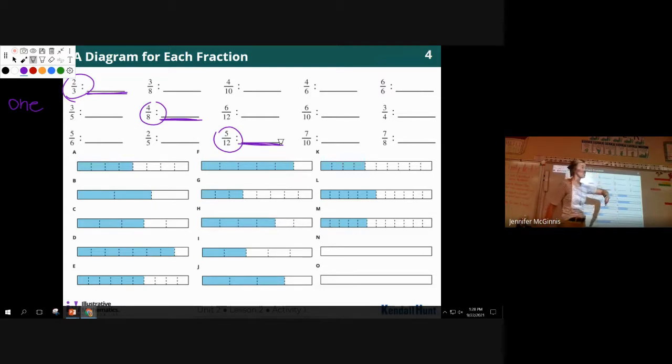When you're done drawing your diagrams for the fractions I give you, then when everyone is finished, we're going to come back together and we're going to see if your diagram matches one of these and which one of these go with which one of these.